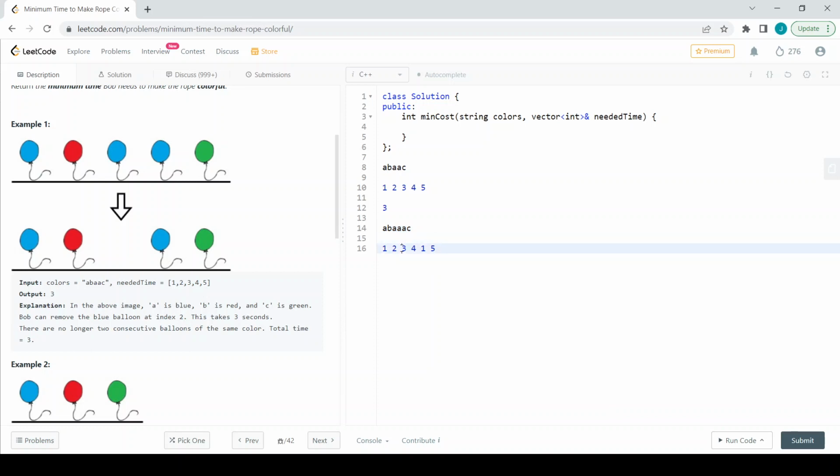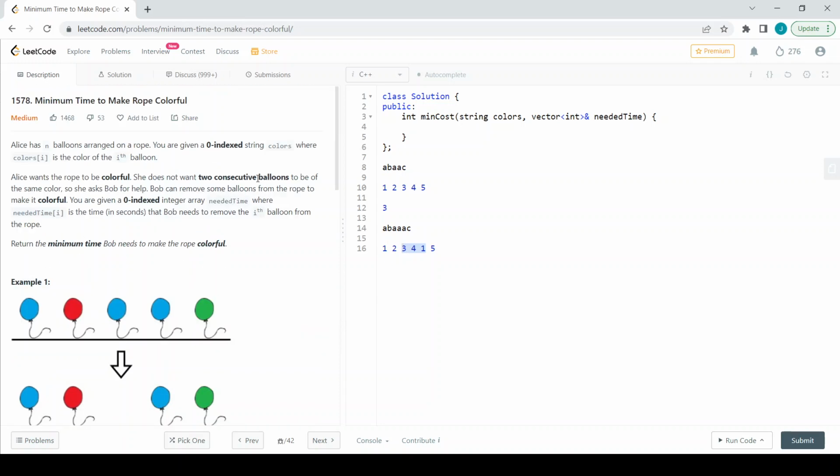So from this 3, 4, 1, I am removing the smallest ones. If there are three consecutive balloons, I remove two balloons to satisfy the condition that they should not have two consecutive balloons. If I have five consecutive balloons, I will remove four balloons, leaving the last one.